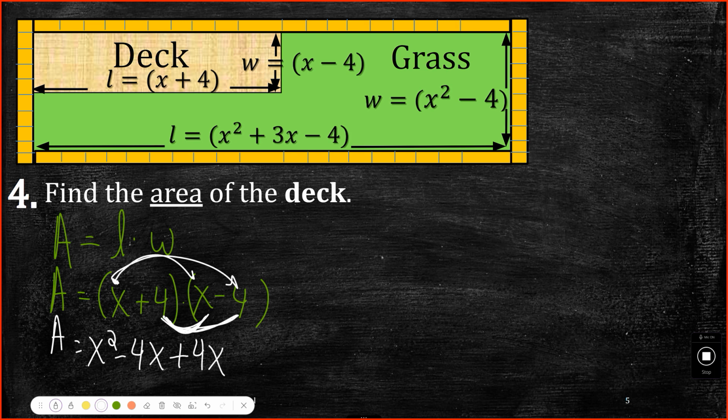What? 4 times negative 4 is negative. What's going to happen right there in the middle? Combine it, which is going to turn out to be what? What's negative 4x plus 4x? 0. So the answer is what? X squared minus 16?